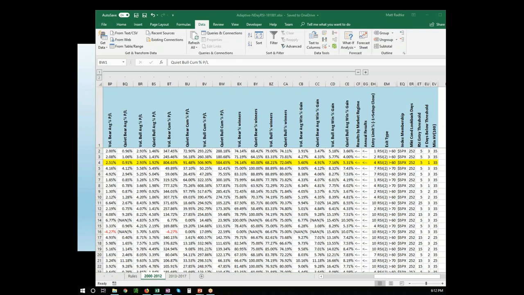So for example, for my entry RSI threshold, you saw me test values of 5, 10, 15, 20, 25, maybe 30. I did not test in increments of 1, because I think it's silly to come up with a variation. You say, my RSI threshold is going to be 17. That's the one that turned out the best. That is a very, very specific number for an oscillator that goes from 0 to 100.